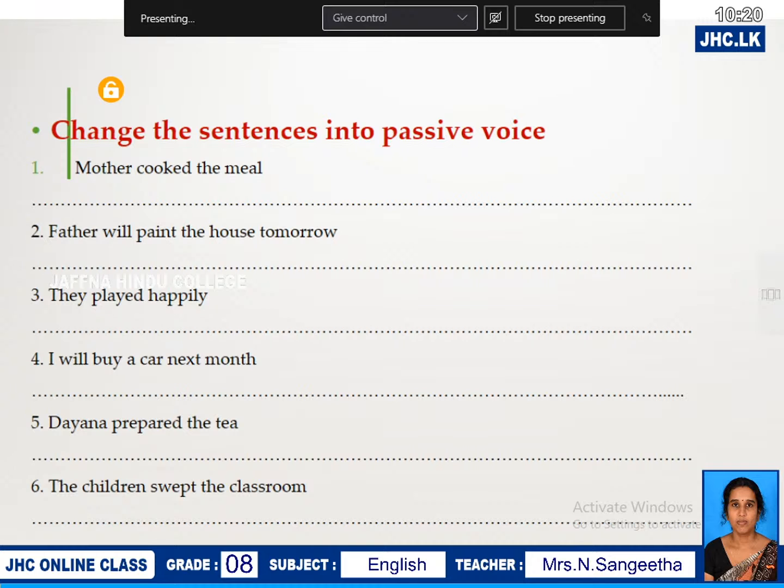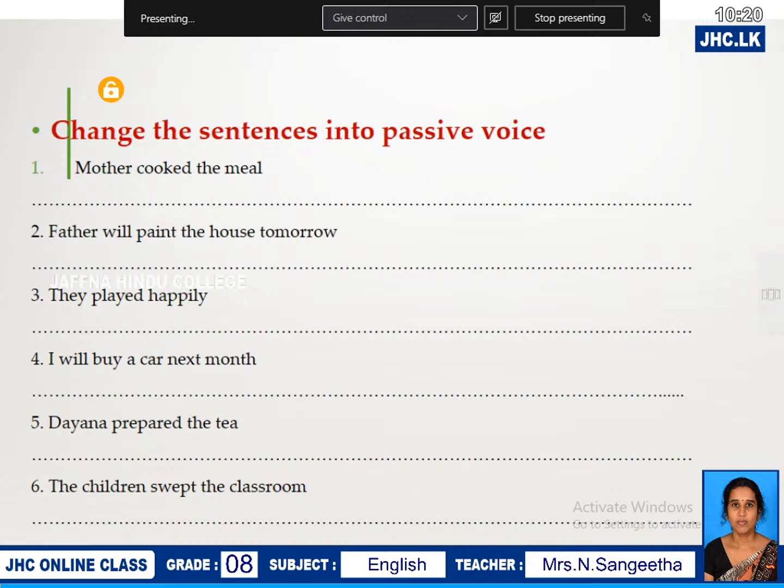What you have to do first is to find out the subject of the sentence. Find the subject by asking the questions who or what. The answer you get is the subject.